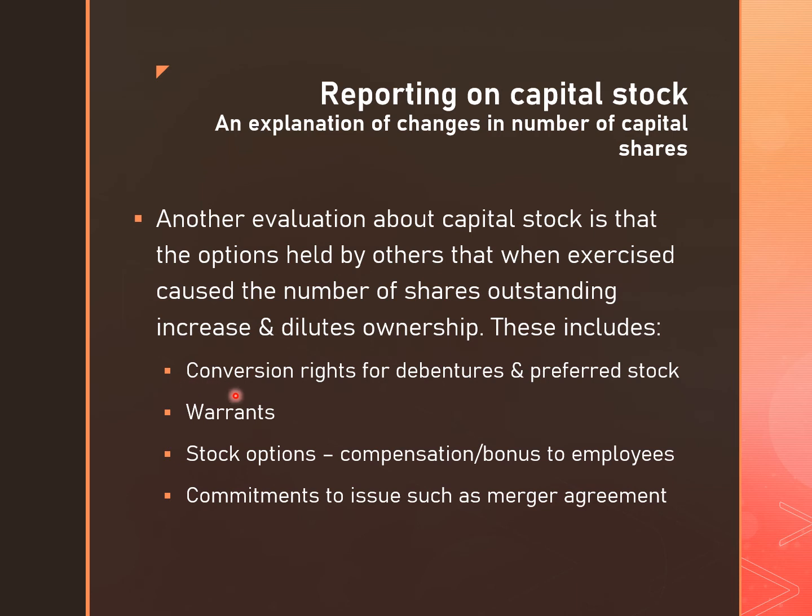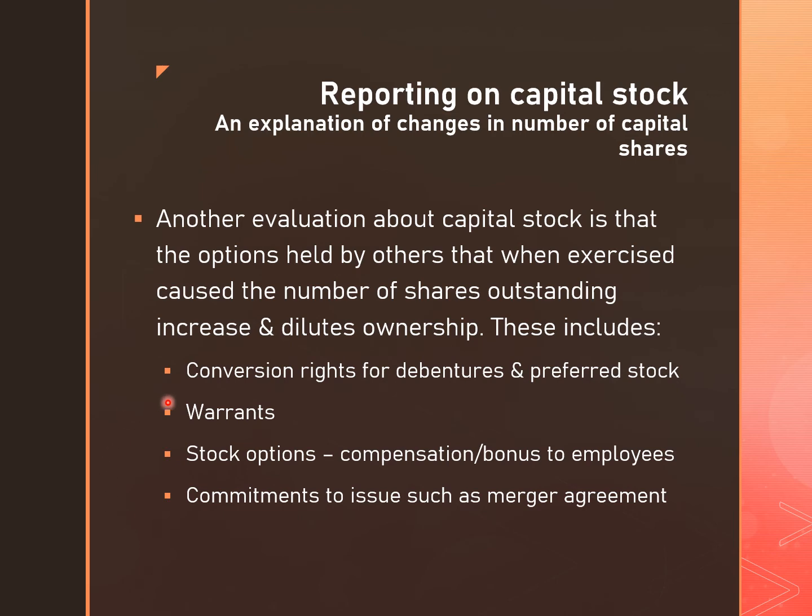So first one adalah the conversion right for debentures. So the rights untuk convert. Bila debenture holder ataupun preference shareholder dia convert dia punya right, dia akan menjadi capital stock lah. Walaupun sekarang benda tu masih lagi dalam bentuk rights, dia belum exercise lagi. Next adalah sama juga warrants, stock option and also the commitment to issue such as merger agreement.